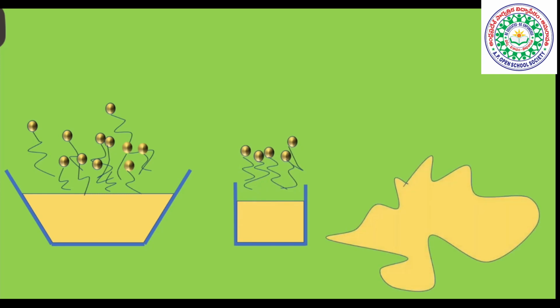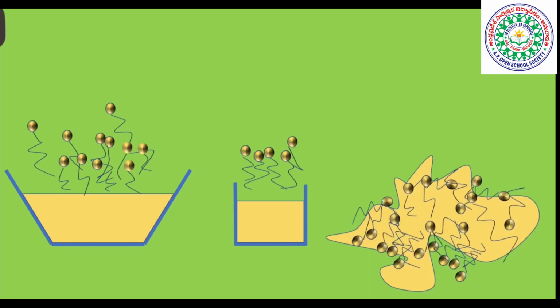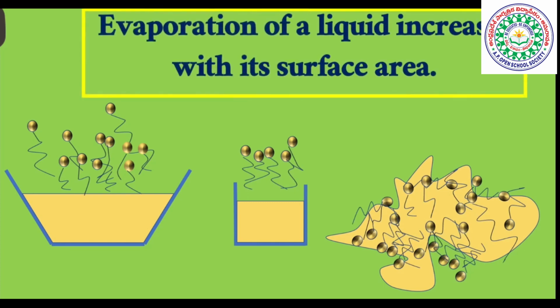Consider the same liquid spread out on the ground. Here, the evaporation is more than in the previous scenarios due to the large surface area. So, we can conclude that evaporation of a liquid increases with its surface area.